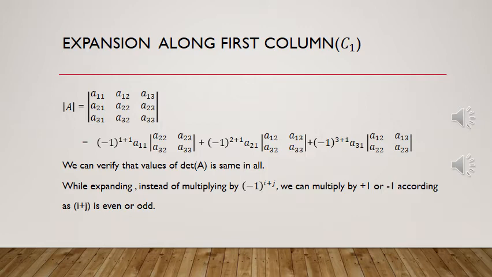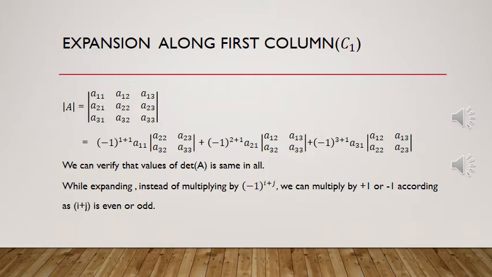Now another thing, instead of taking negative 1 raised to 1 plus 1, negative 1 raised to 2 plus 3, etc., we can multiply by positive 1 or negative 1, accordingly as i plus j is even or odd. Because we know negative 1 raised to 5 is negative only.